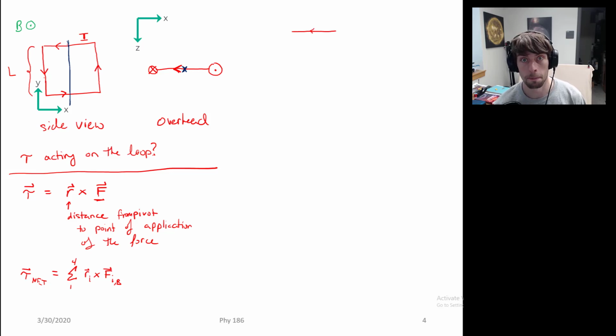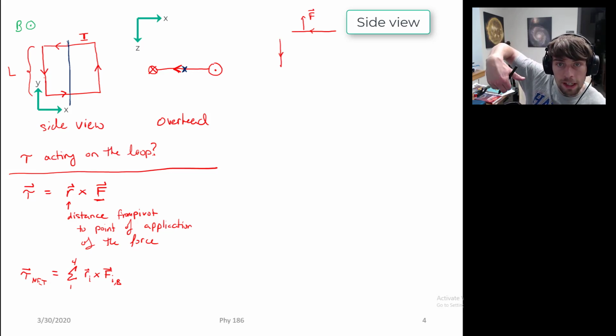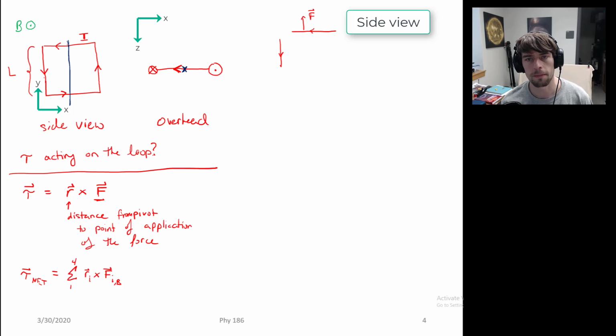So the top wire, current's going to the left, magnetic field's out, it will experience a force going up. How about the side one? Well, it's going down, the magnetic field's out, it will feel a force pulling it to the left.